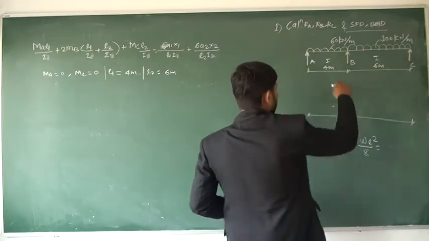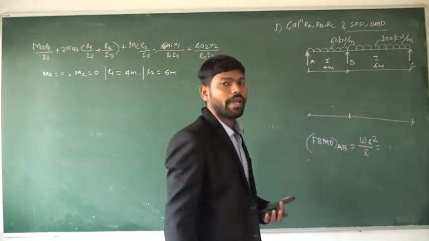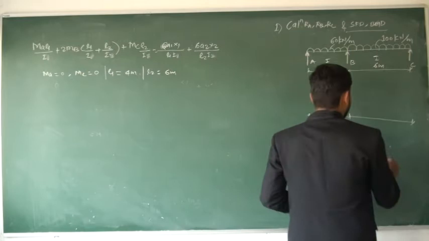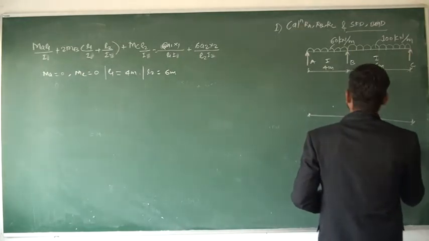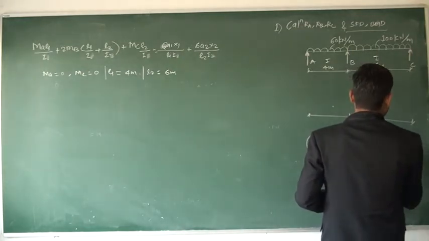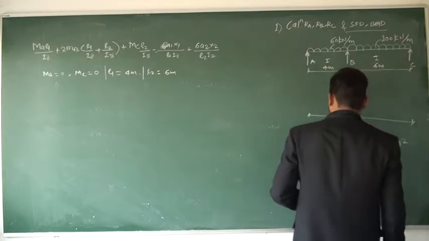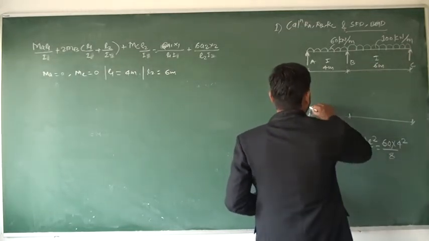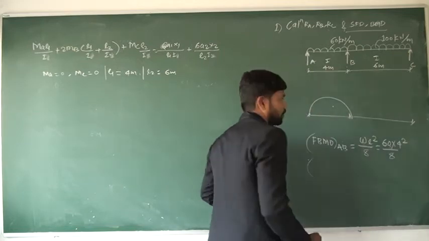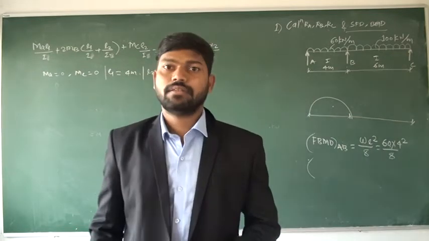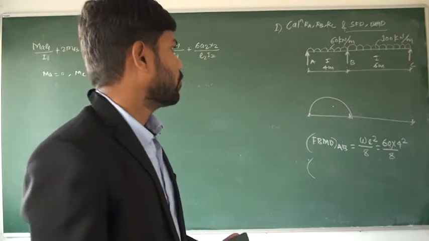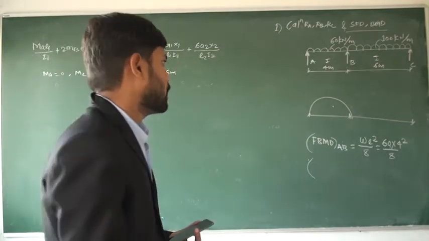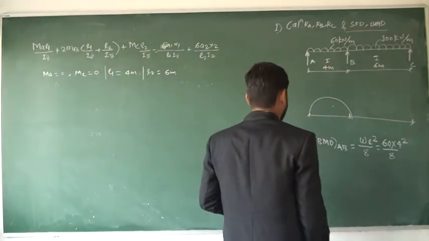So W is 60, L is 4, square, divided by 8. This will be a parabola. If the UDL is there, then a parabolic curve will be there for the bending moment diagram.